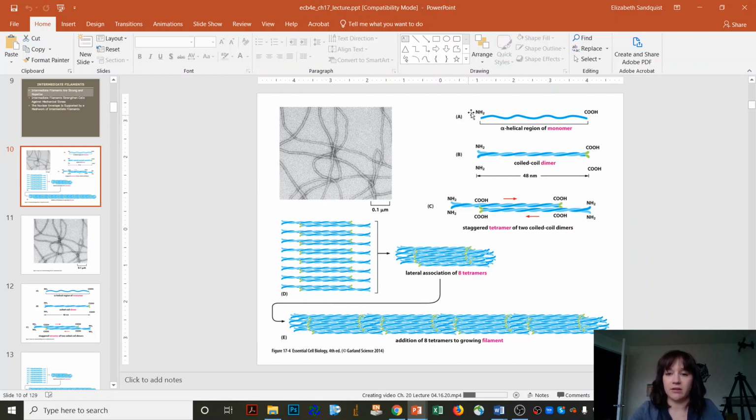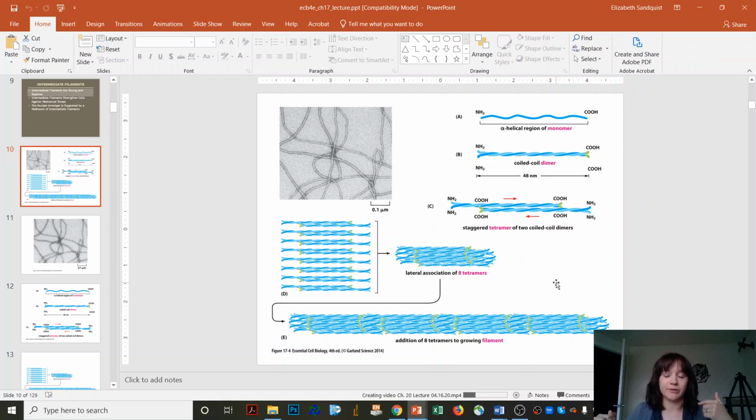The most basic unit is a monomer, this polypeptide, and it is an alpha helix in structure, and it will pair with another of the same protein to form a coiled dimer. Then these dimers assemble into tetramers and so forth until you get this big bundle, this filament basically composed of these coiled dimers.